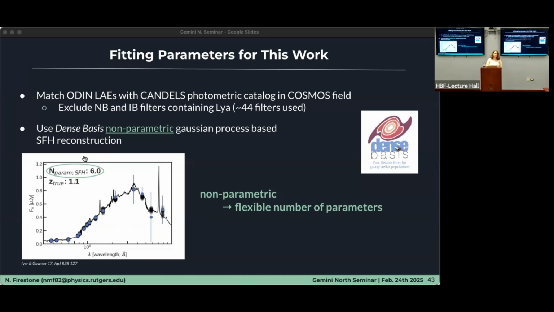This is incredibly key because when you make assumptions about the functional form and you assume there's a burst of star formation and you're working with an LAE that you know is experiencing active star formation at the time of observation, that is always going to tell you that there is the first burst, the only burst of star formation at the time of observation, and it doesn't tell you about anything that happened before. So it doesn't help us to answer our question. This does.